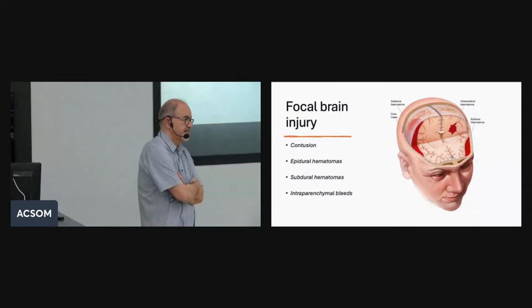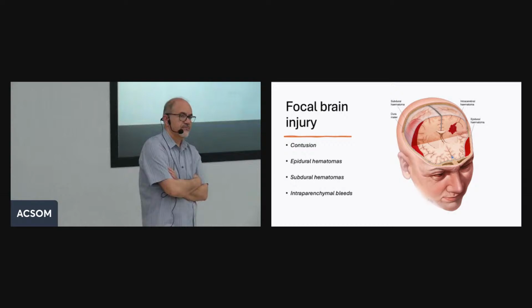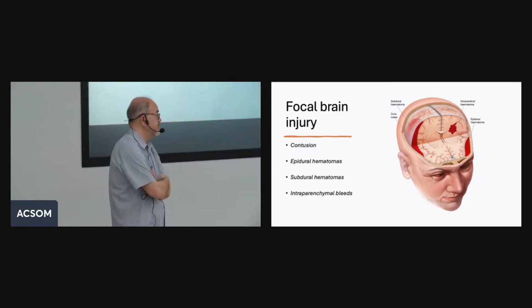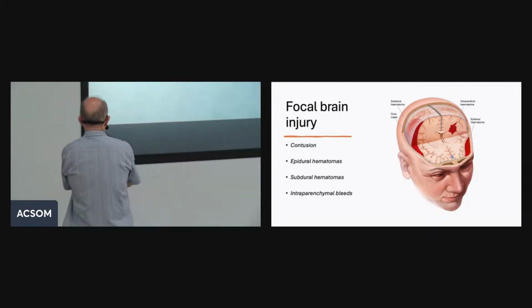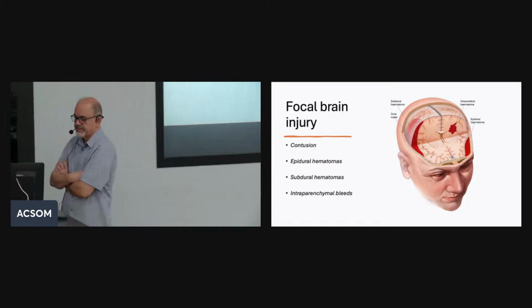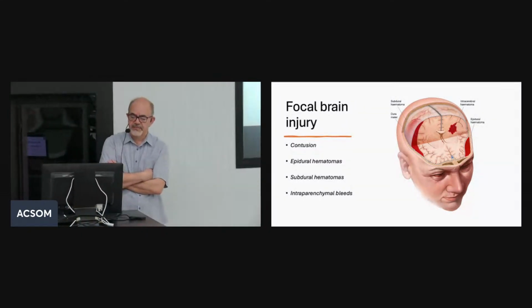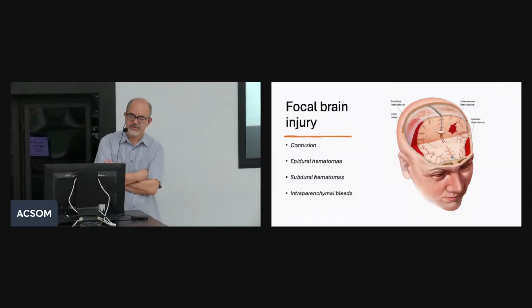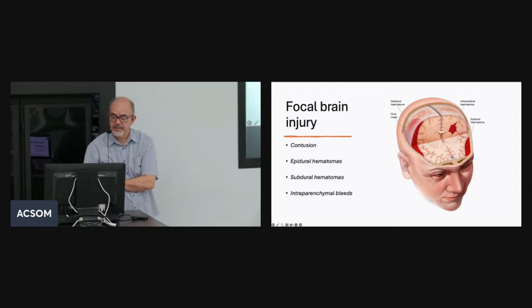Focal brain injury, self-explanatory, just this one part of the brain is affected. As you can see, we have different types of focal brain injury. We have contusion, epidural hematoma, subdural hematoma, and intraparenchymal hematoma. So this is an epidural hematoma, this is an intraparenchymal hematoma, and this is a subdural hematoma.